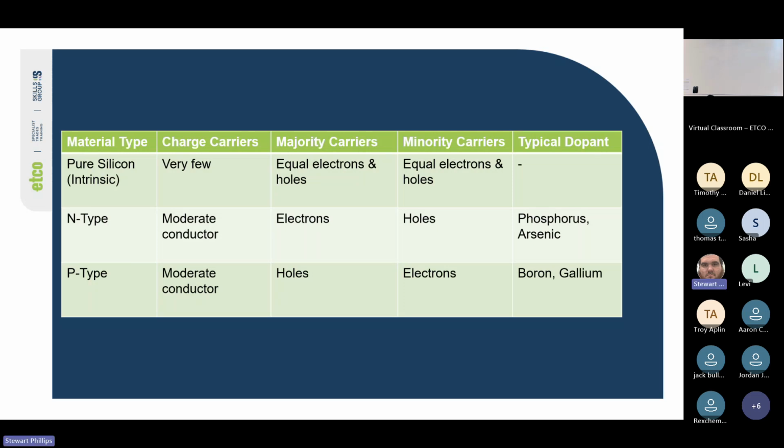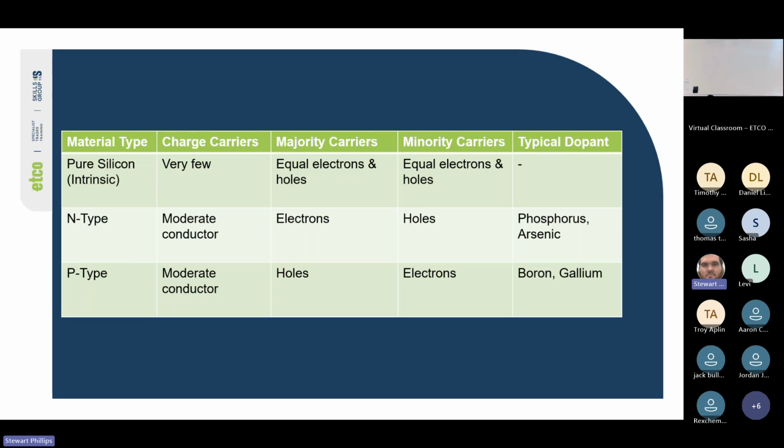And this is basically a table looking at what they have in common, or the differences between them. Pure silicon is intrinsic. It has very few charge carriers, equal electrons and holes, and typically it doesn't have a dopant.